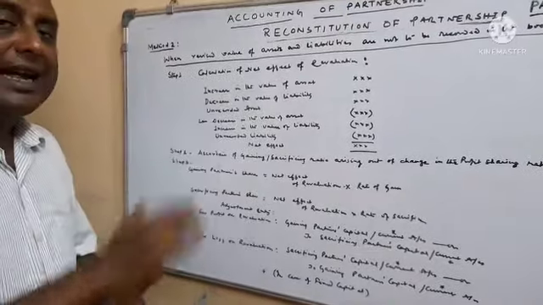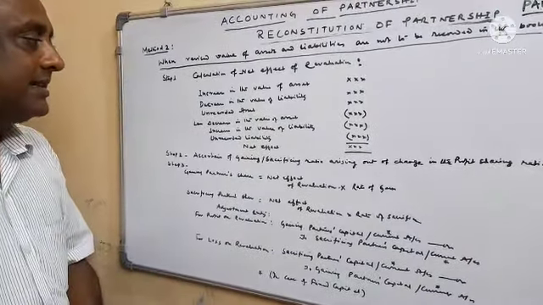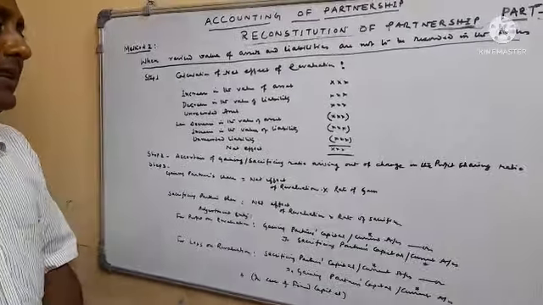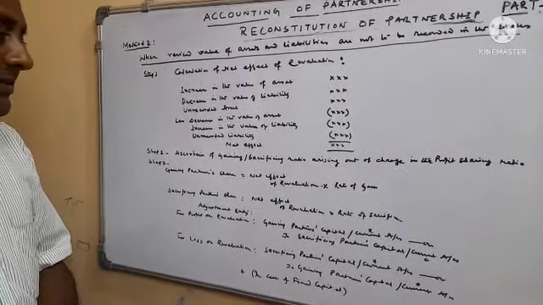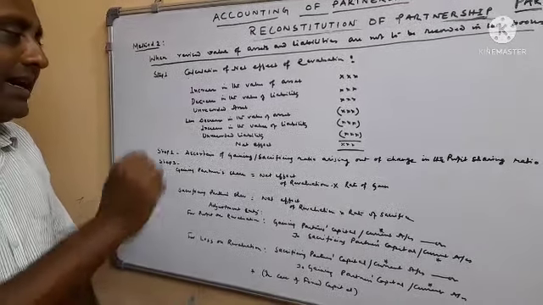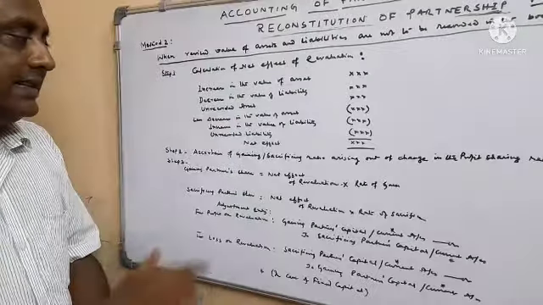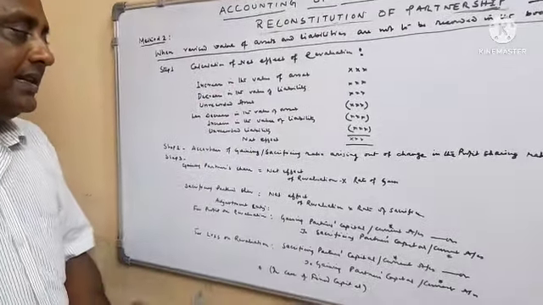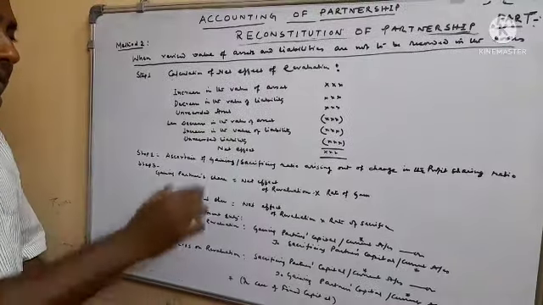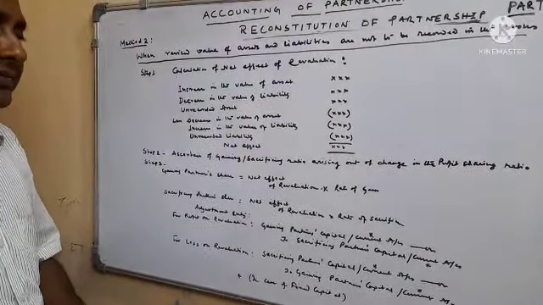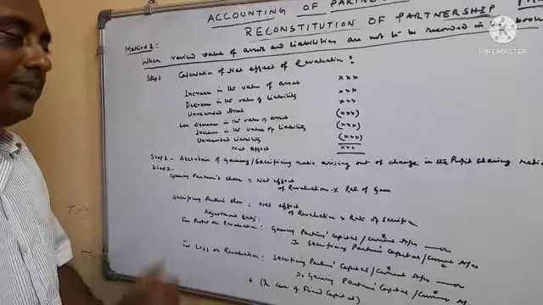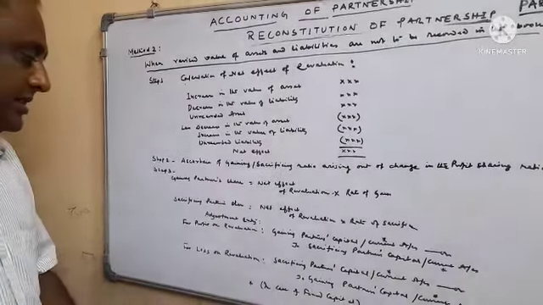What are the credit side items? Increase in the value of asset, decrease in the value of liabilities, unrecorded assets. All debit side items will be deducted: decrease in the value of asset, increase in the value of liability, unrecorded liability. That is the net effect. Net effect can be either profit or loss on revaluation.